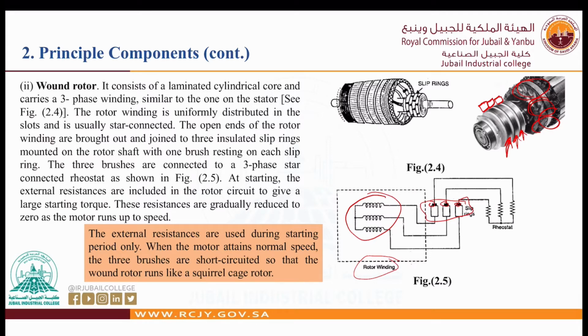Please read this paragraph. The importance of this slide is that the external resistances are used during the starting period only. When the motor attains normal speed, the three brushes are short-circuited so that the wound rotor runs like a squirrel cage.